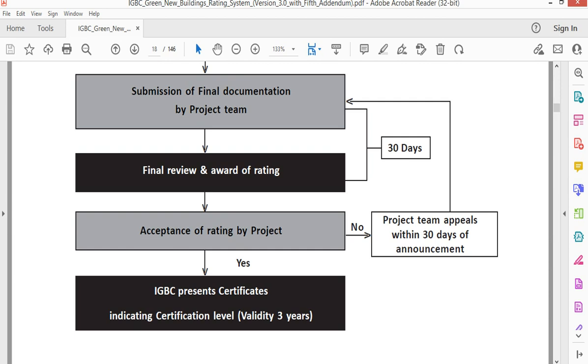In case the project accepts the rating, certificates will be presented which include the certification level, like IGBC platinum rated building or gold rated building, and this is valid for 3 years. In case the project team feels that they have not been given points for a particular mandatory requirement or a credit, or if they feel that they deserve a better certification level, they can appeal within 30 days of announcement of the results.